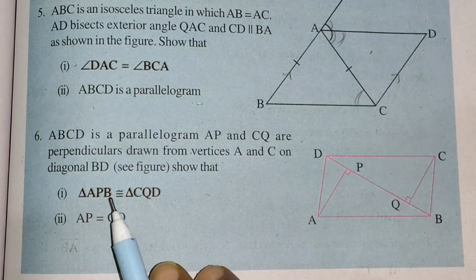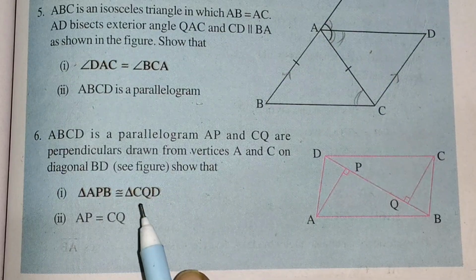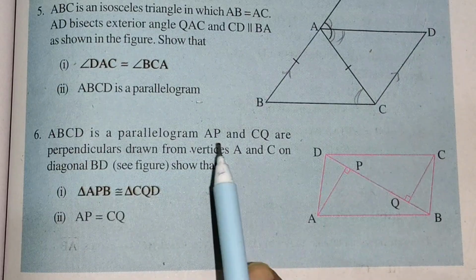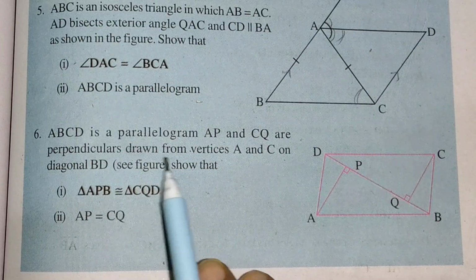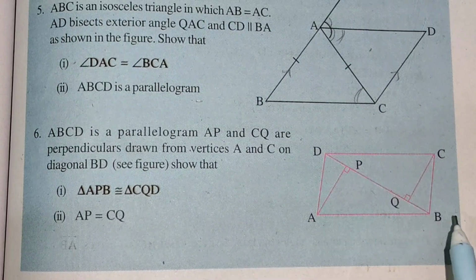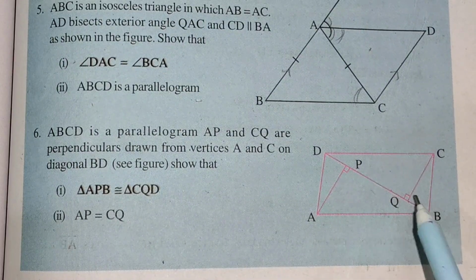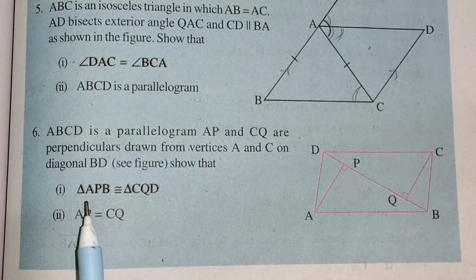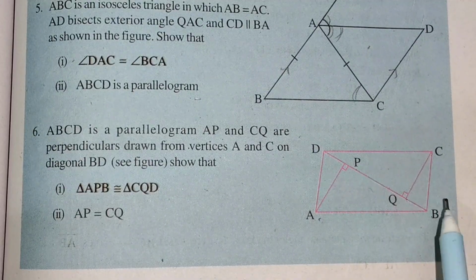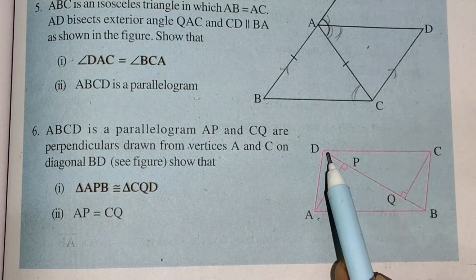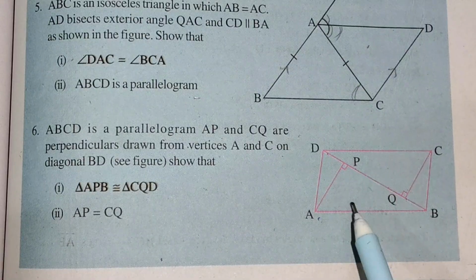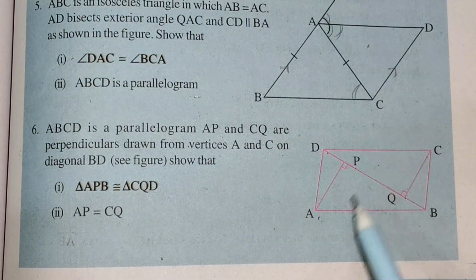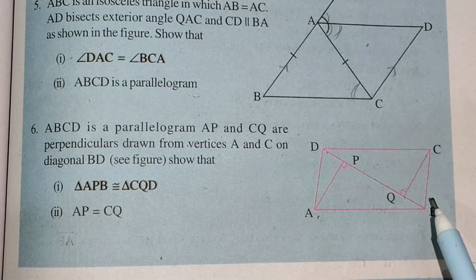Show that triangle APB is congruent to triangle CQD, and that AP equals CQ. Once these two triangles are congruent, AP equals QC automatically, as they are corresponding parts.